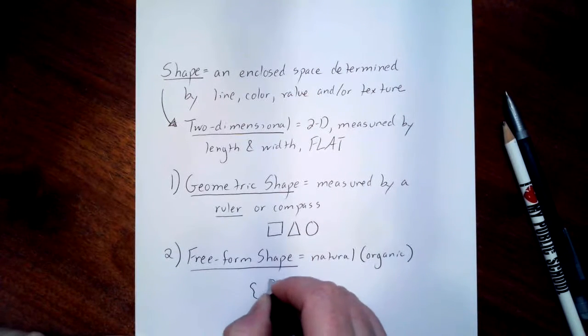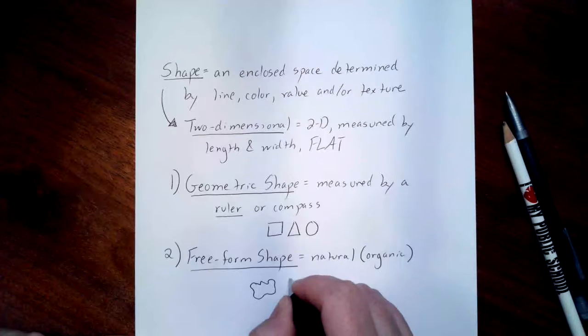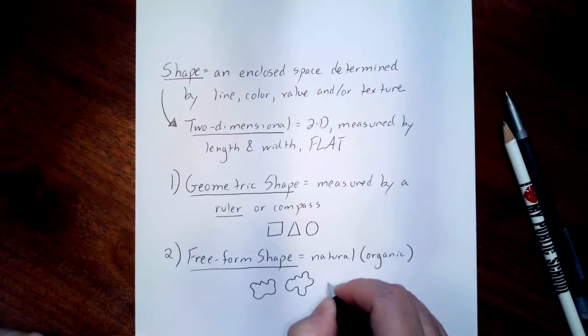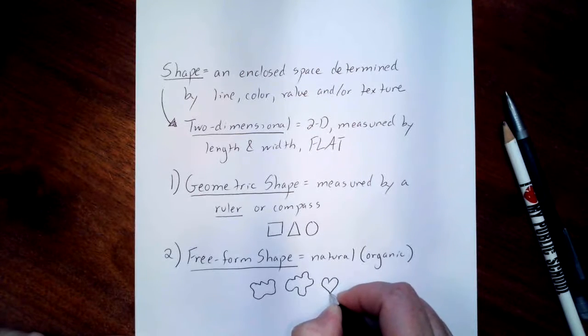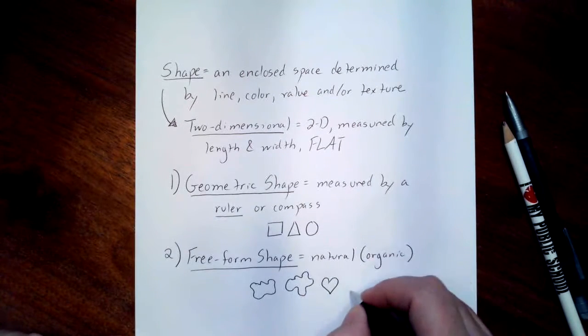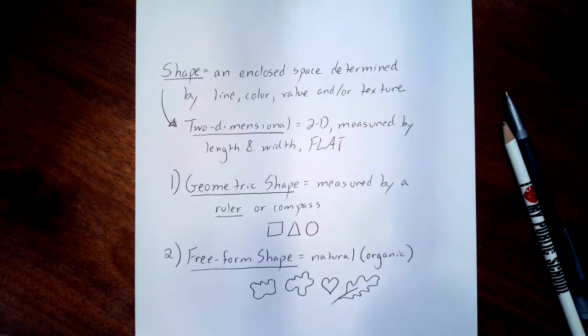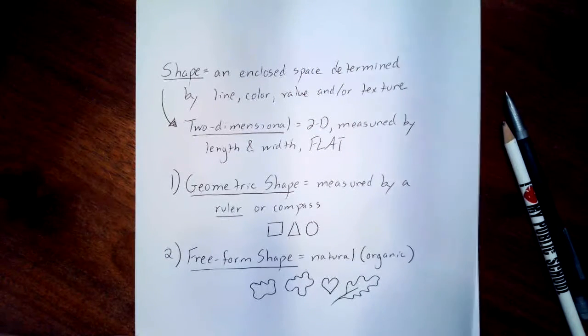If I had something like this, as long as it closes together, even a little heart like that closes together. If I pick up a leaf outside, that's a flat, natural shape, okay? In elementary school, you may have seen in some of the textbooks where they say regular or irregular. It's the same thing, all right?